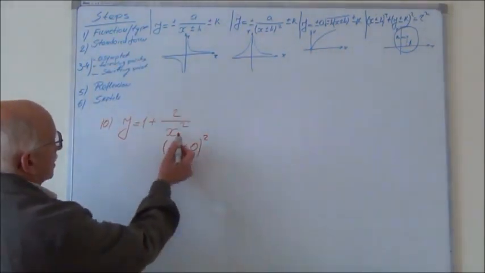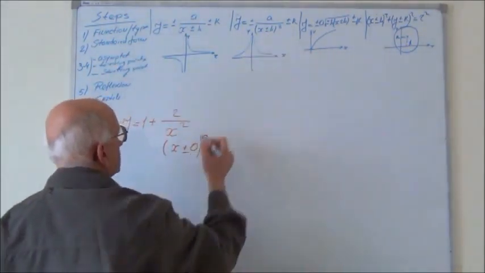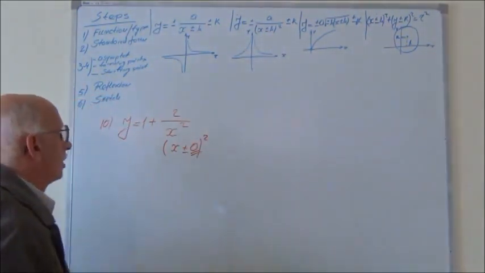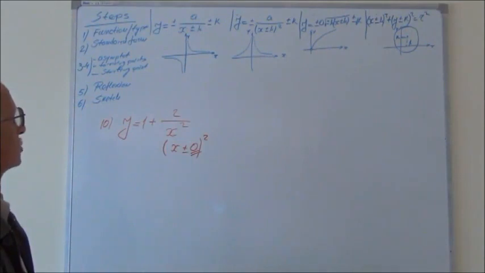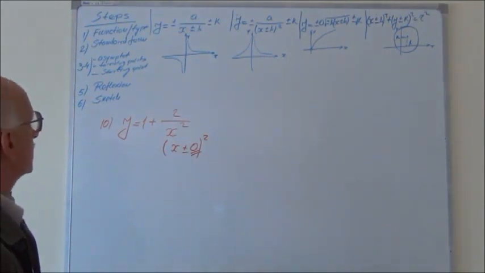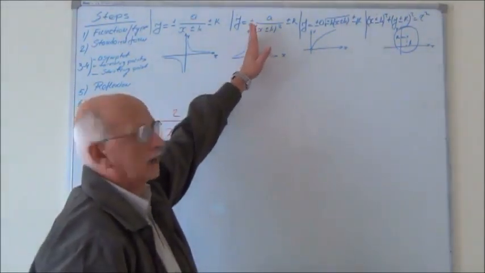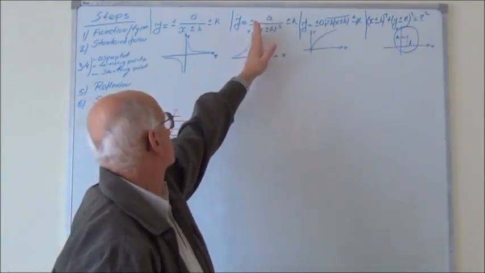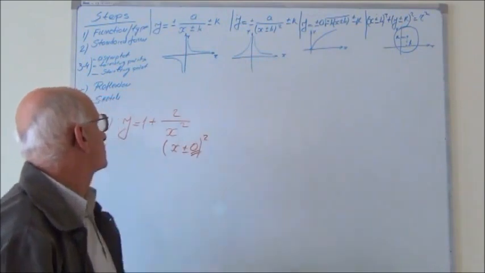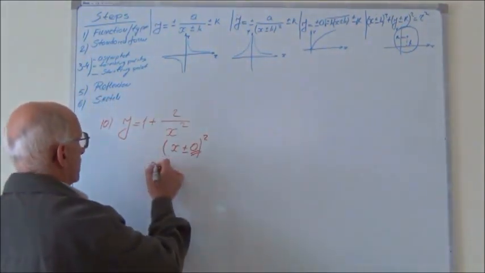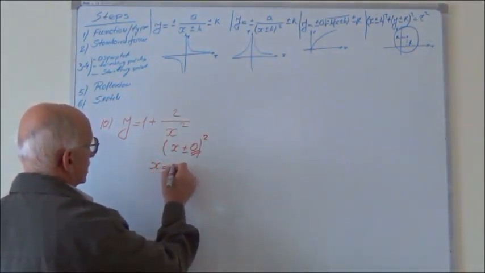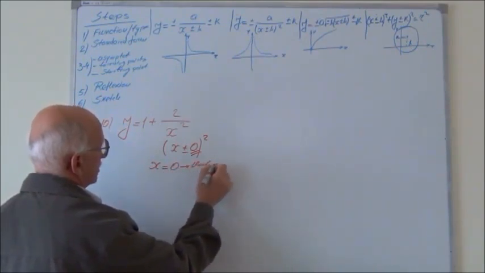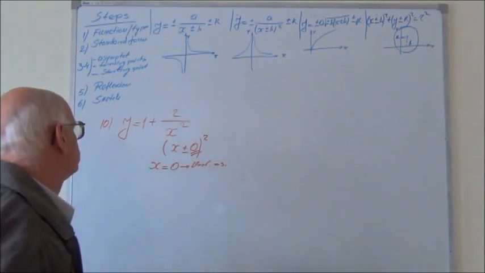Obviously, here we can see that h is actually 0, so there is no horizontal translation, and that means the vertical asymptote stays in the place where the basic form has it, that is x equals 0. So x equals 0 is the vertical asymptote.